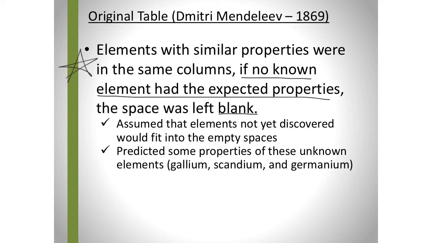For example, gallium, Ga, had not been discovered when he made his periodic table. He left a blank for it, and he predicted the properties of it, said it's going to react like this, it's going to be about this size, about this mass, about this density, and he was really very close. So he did predict the properties of some unknown elements with pretty good accuracy.